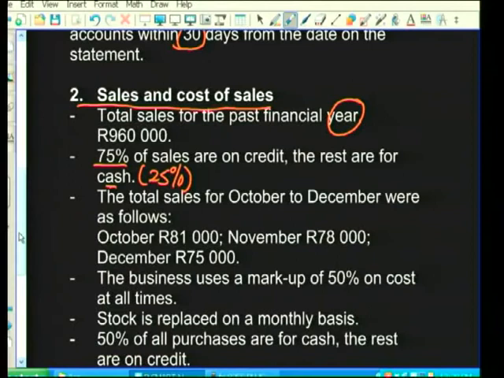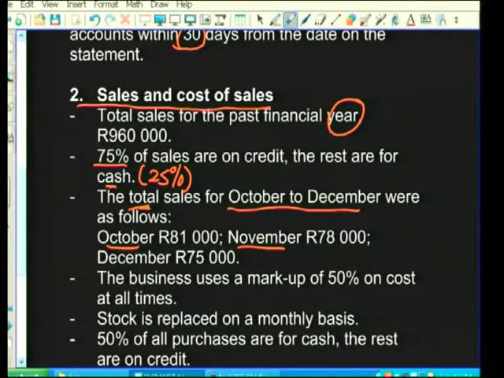Next bit of info. The following sales for October to December, so my budget months, were as follows. October, 81,000. And remember, people, I just want to go back. Total sales. So this will include cash and credit. The total sales for these months. The month of October, 81,000.